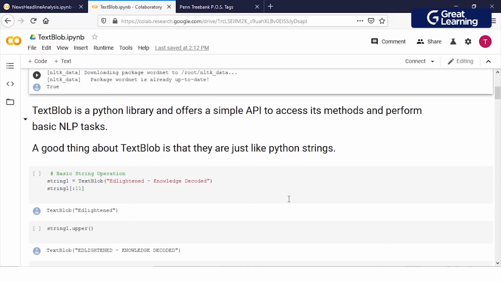You have a string in Python, right? So if you have a string in Python, what does it look like? It is a book or a blog, so it's a Python string, str.